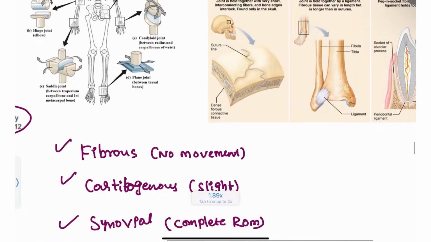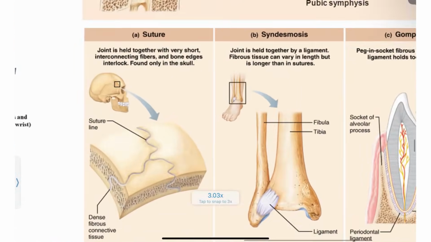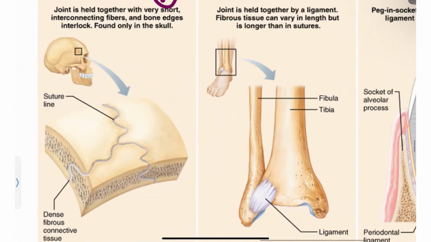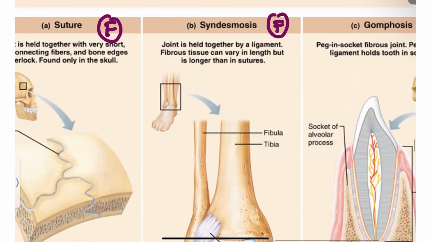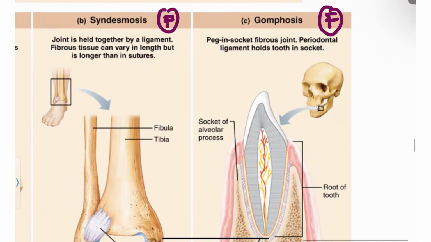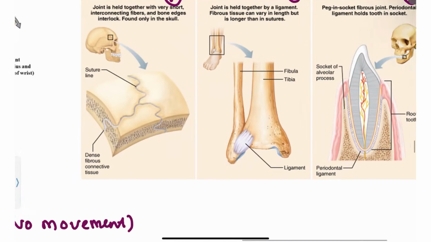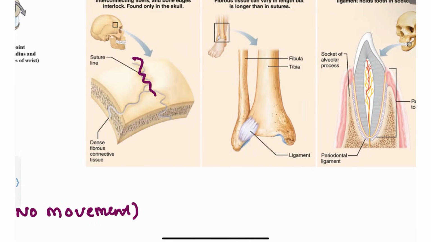So let's see what the examples are. These are the fibrous joints. The types of fibrous joints are sutures, syndesmosis, and gomphosis. For sutures, the coronal suture, parietal sutures, and all the sutures present in the skull are fibrous joints.